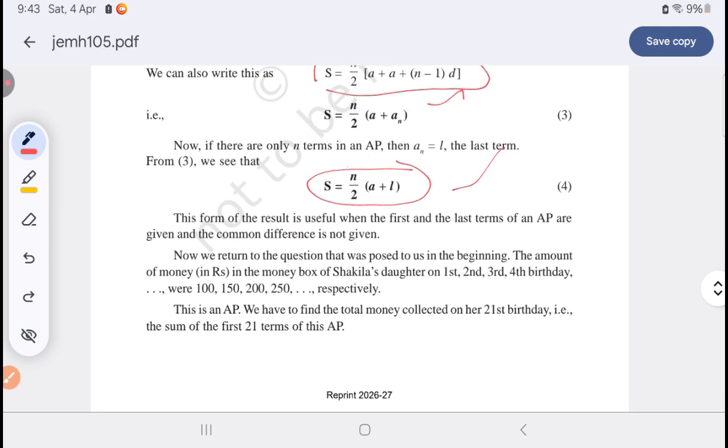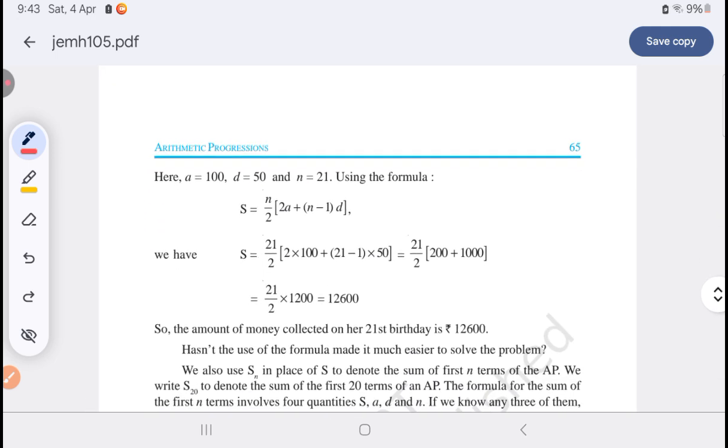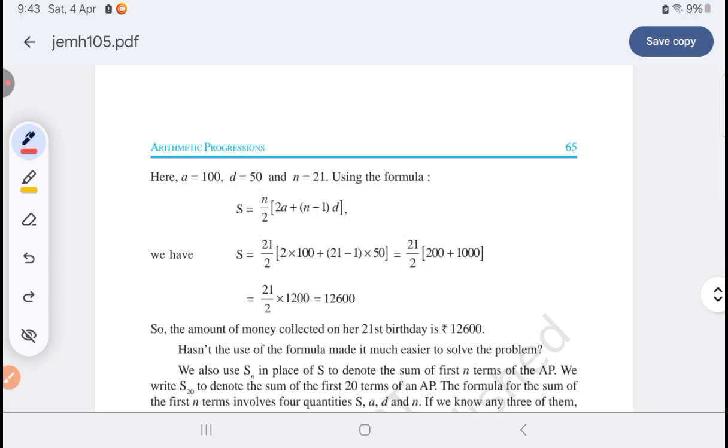So let us practice some more questions here. Previously we discussed when the child's mother puts 100 rupees, then 50 rupees more each year. So see here, a is 100, d is 50, n is 21. After 21 years, what will be the amount she has saved?